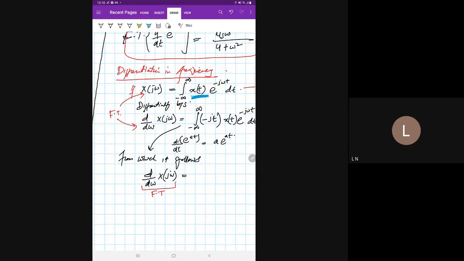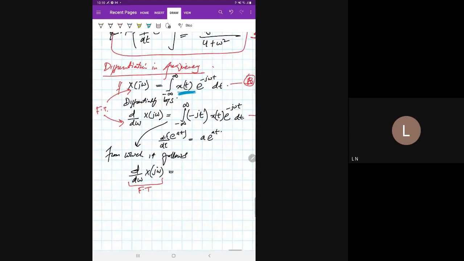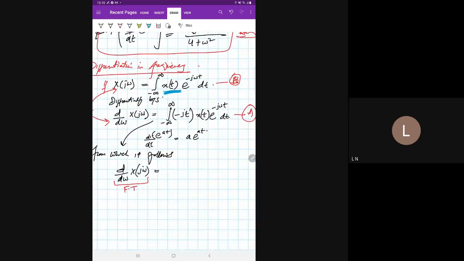And in equation A, we can say d by d omega of X of j omega is the Fourier transform of a signal, which is minus j t x of t. Because if you see, this is the input signal here, and you can correlate A and B.